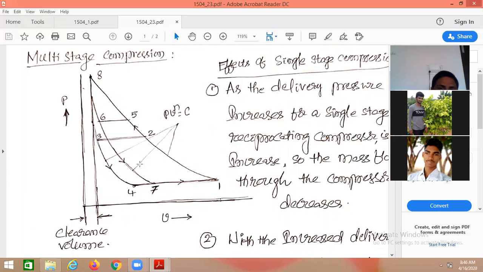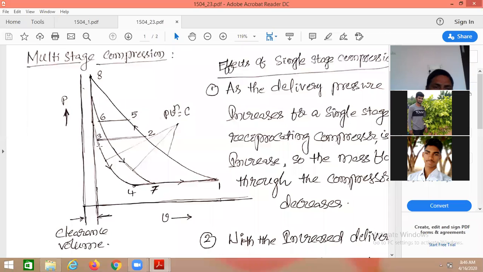The expansion of the clearance air: whatever air remains at the end of compression, stored in the clearance volume, only after its pressure drops from 3 to 4, then in the next cycle the fresh air will enter the cylinder.